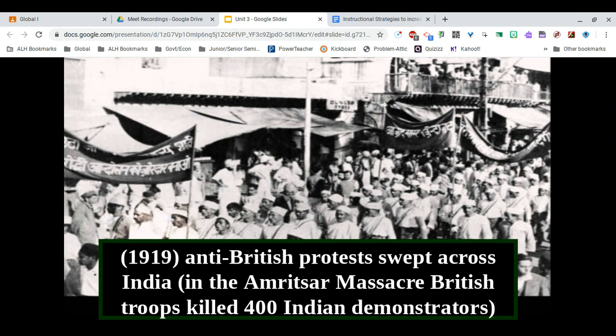These Indians were sitting in there in peaceful protest, as was Gandhi's major focus. The British blocked off the only exit and fired into the crowd. It was impossible for these Indians to get out and to be taken care of and to be safe. I highly recommend that you go in and watch that clip.